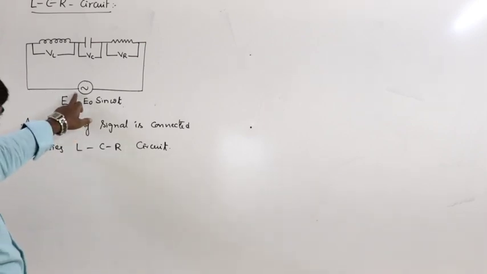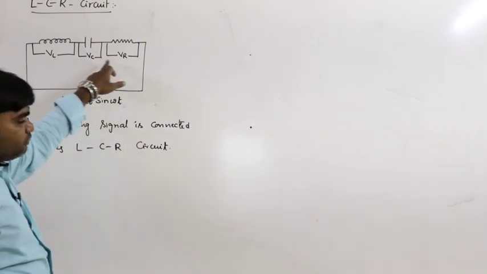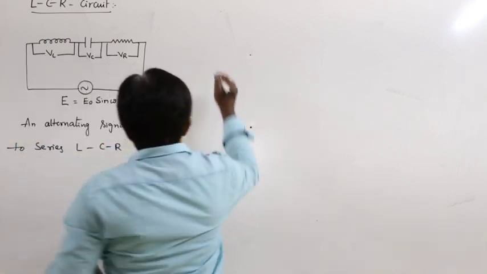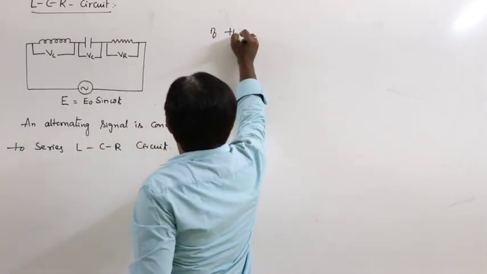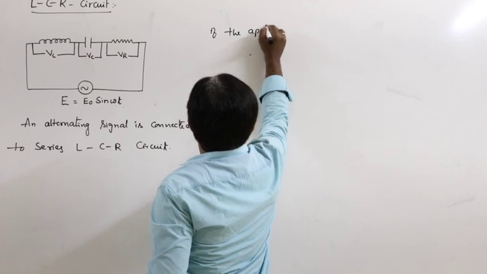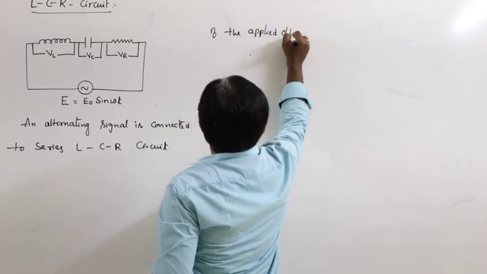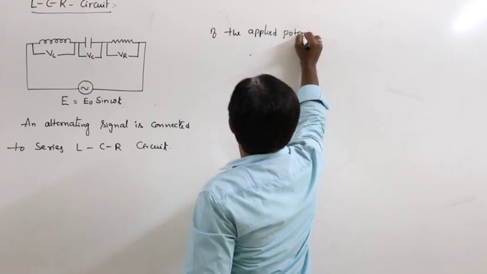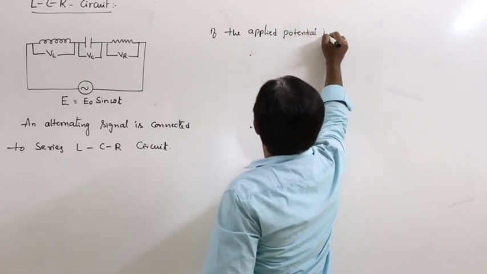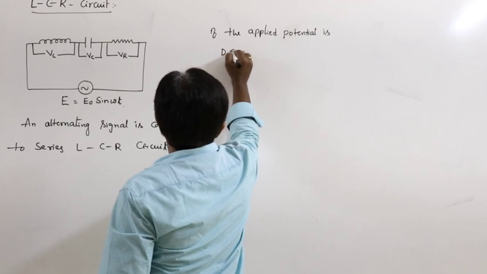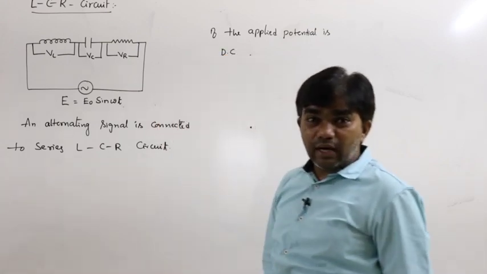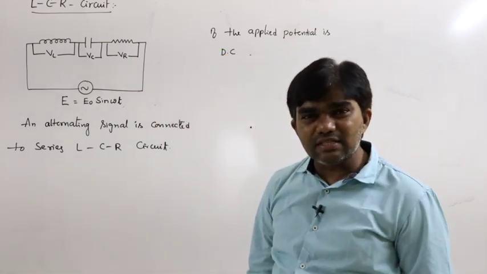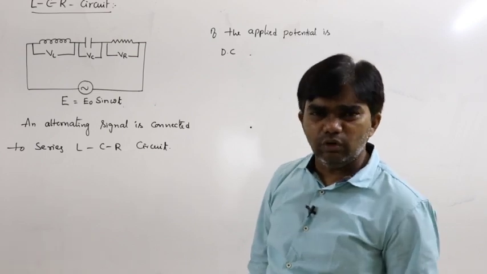So the total potential is equal to the sum of individual potentials, if the applied potential, voltage or potential, everything is same, is DC. DC in the sense direct current or direct voltage.